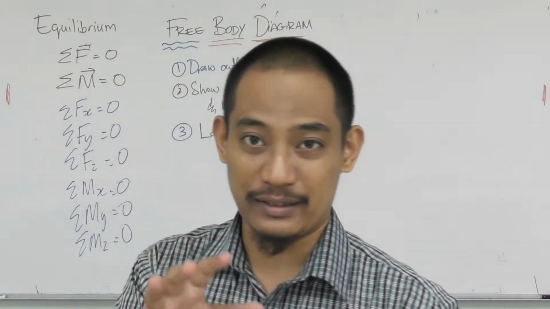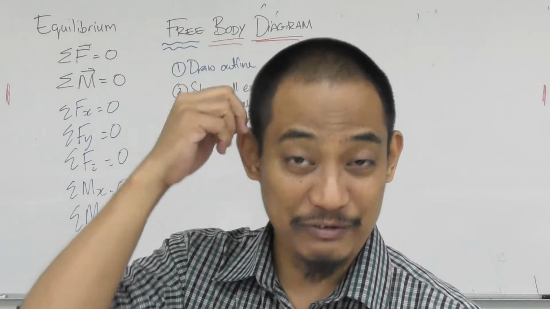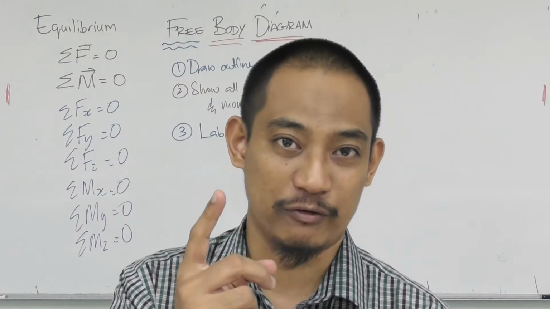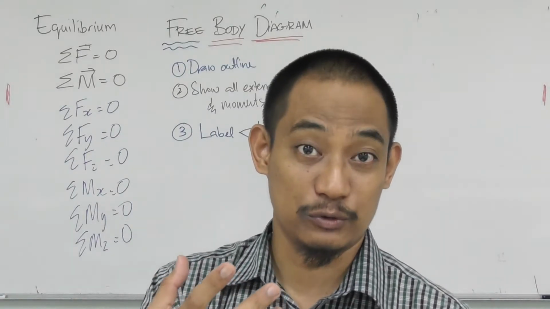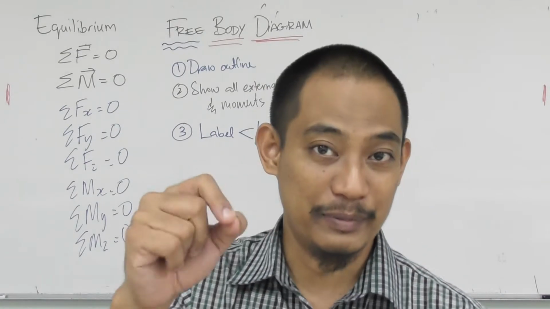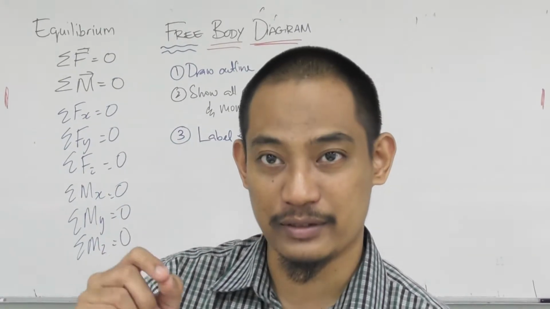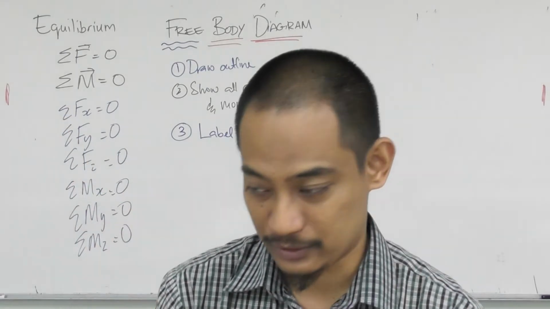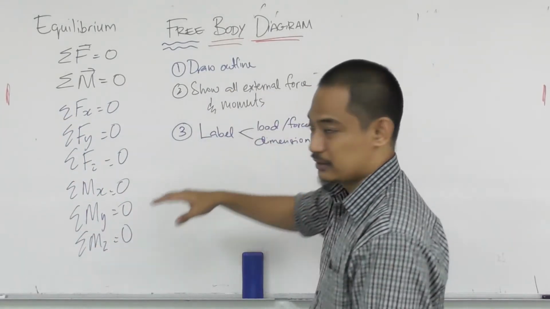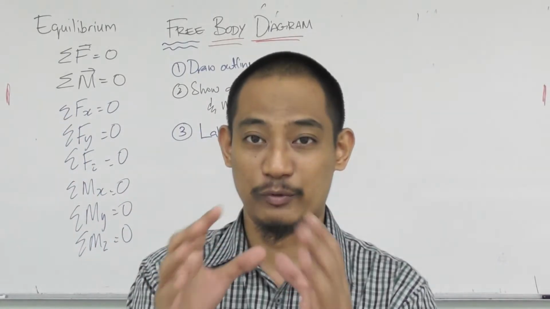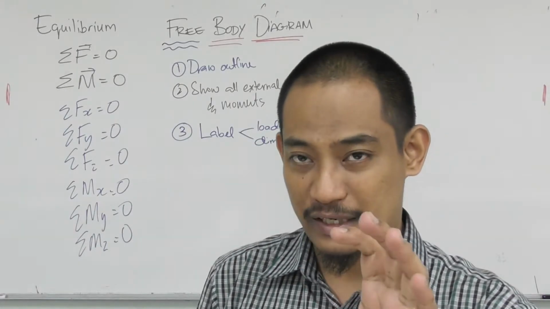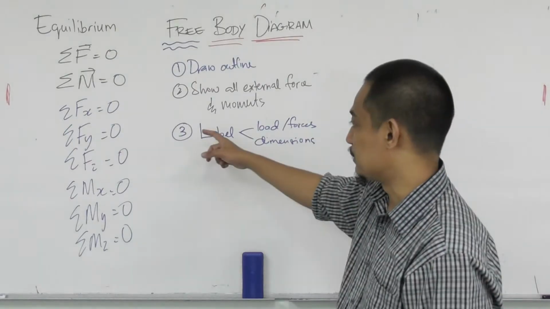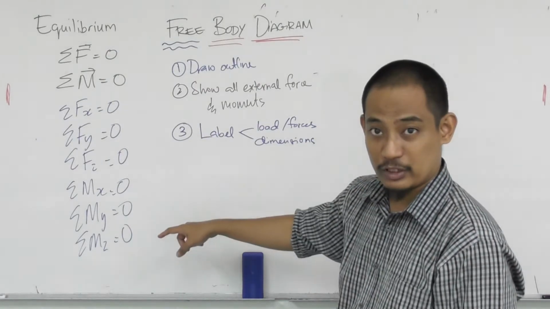And if it's unknown, for example, we do not know the value of the force, and that is actually the force that we want to calculate, you have to put a label on it: FA, FB, MA, etc., and X, Y for the dimension. All of this is a requirement for the free body diagram, to have an idea of whatever you will use in the equation of equilibrium.